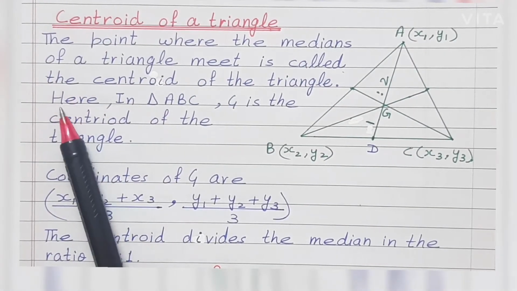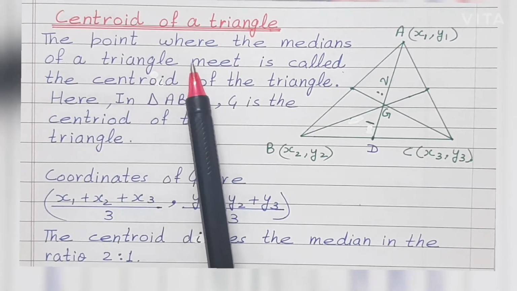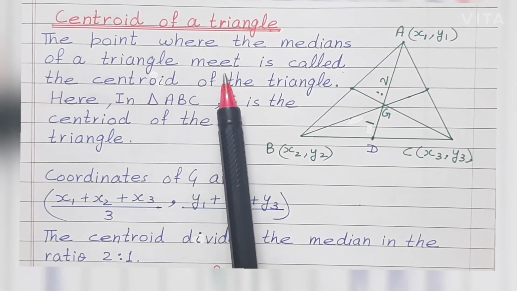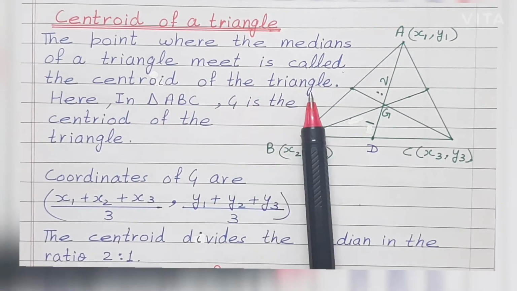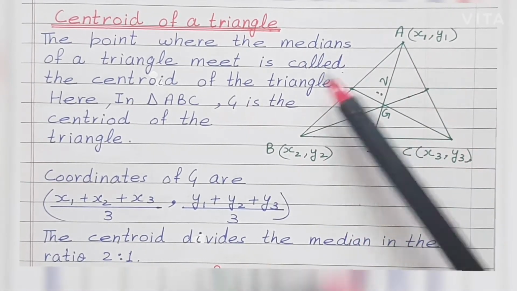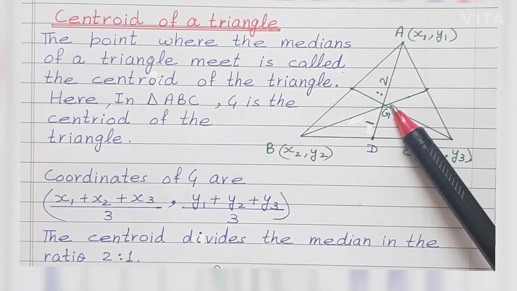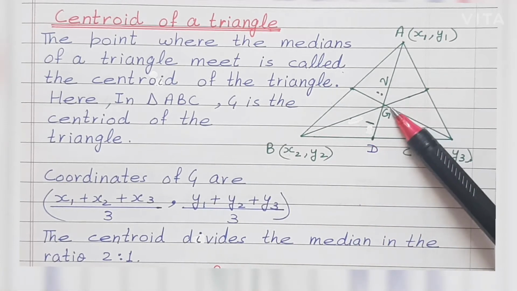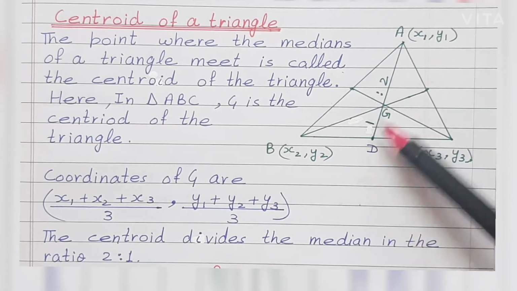Now let us discuss about the centroid of a triangle. The point where the medians of a triangle meet is called the centroid of the triangle. Clear? Where all the three medians meet, this point G is called the centroid of a triangle. Now G, the centroid, divides the median in 2:1.